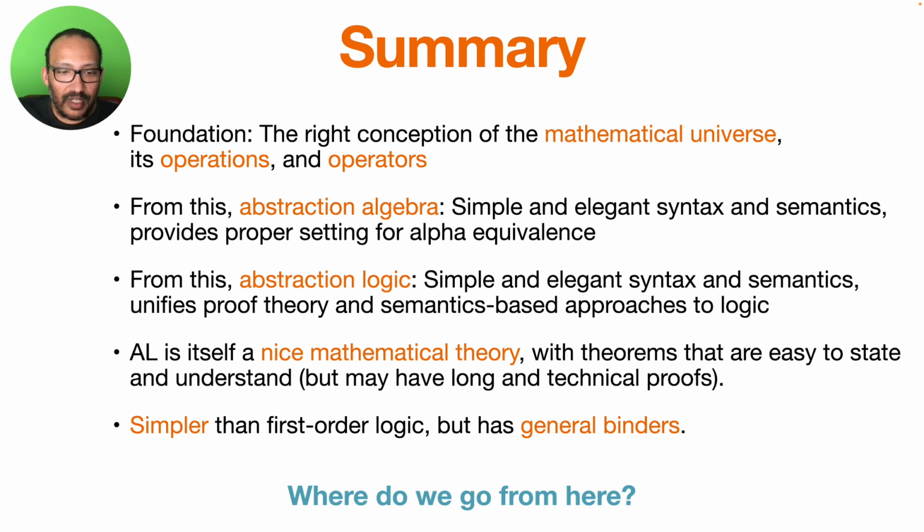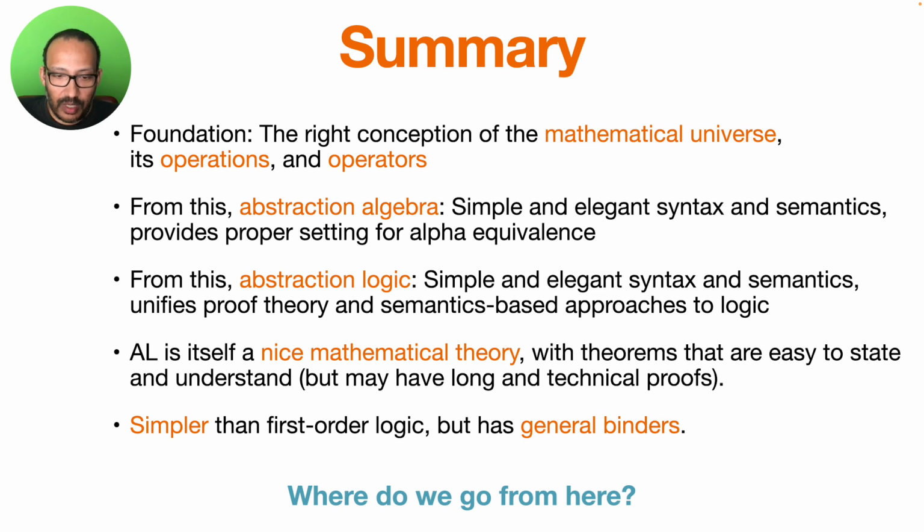So certainly simpler than what we have in first-order logic. But on top of that, it also has general binding. So it really combines the best of two worlds: the best of first-order logic with the best of type theory, without the drawbacks of the two.